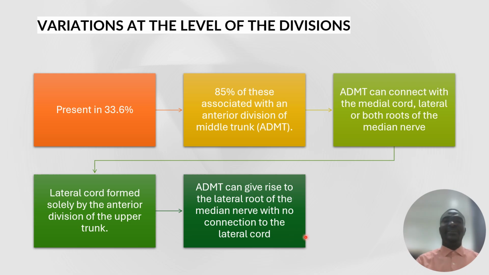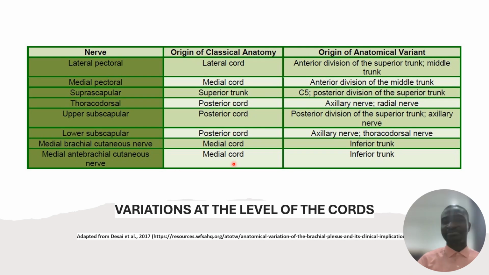Sometimes too, the anterior division of the medial trunk gives rise to the lateral root of the median nerve with no connection to the lateral cord at all. So it can connect to the medial cord, it can connect to the lateral cord, or it can just run its course and even form the lateral cord itself. So this is a major notable variation that happens at the level of the divisions.